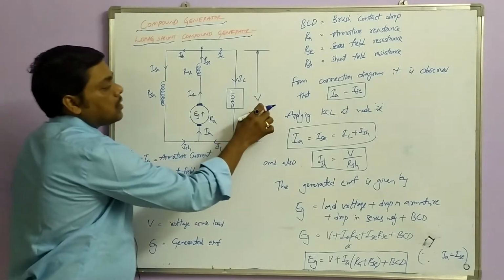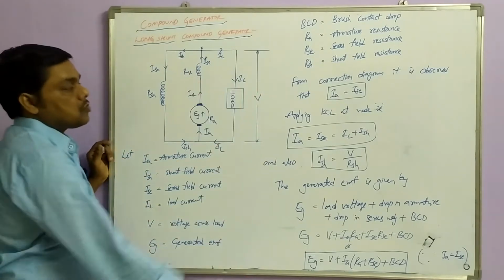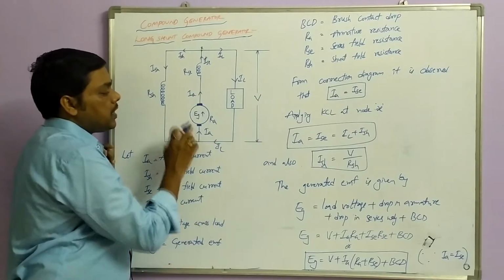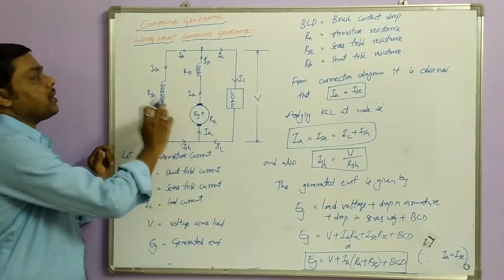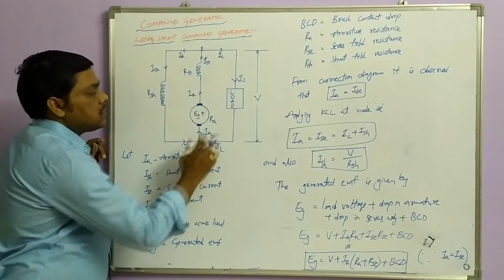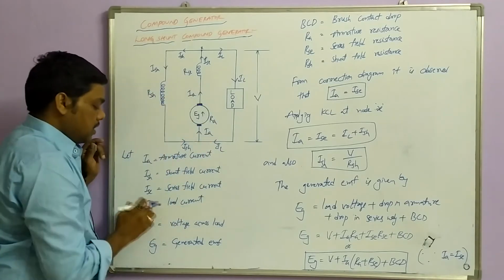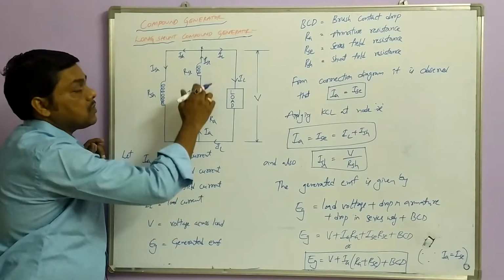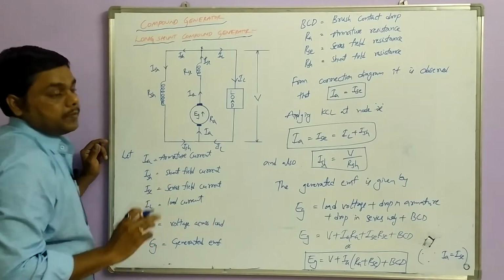Now V is the voltage available across the load, so it is also called the terminal voltage, and EG is the generated EMF, and also RA, RSH, RSC are the resistances. Let IA be the armature current, ISH the shunt field current, ISC the series field current and IL the load current.